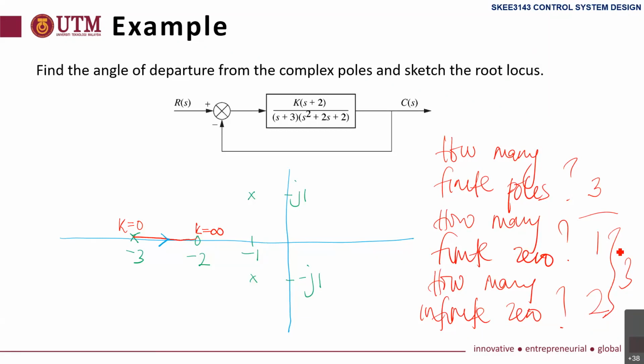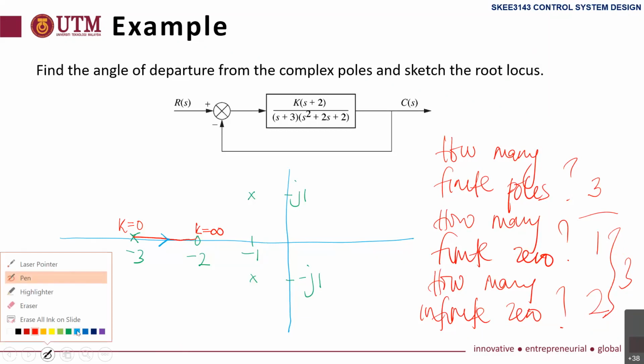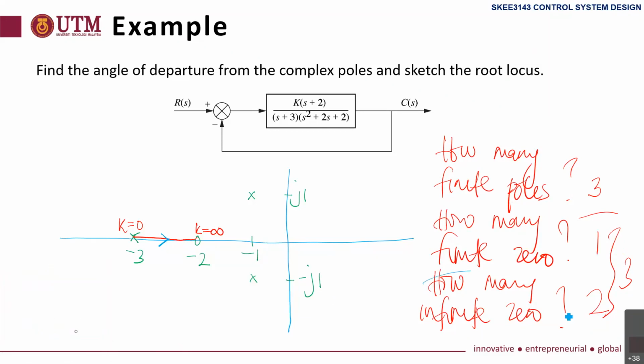Then rule number 5 continues to answer where the infinite zeros are. We say there are 2. Where are they? Because the root locus goes from pole to zero, so where are the zeros? That is also covered in rule number 5.